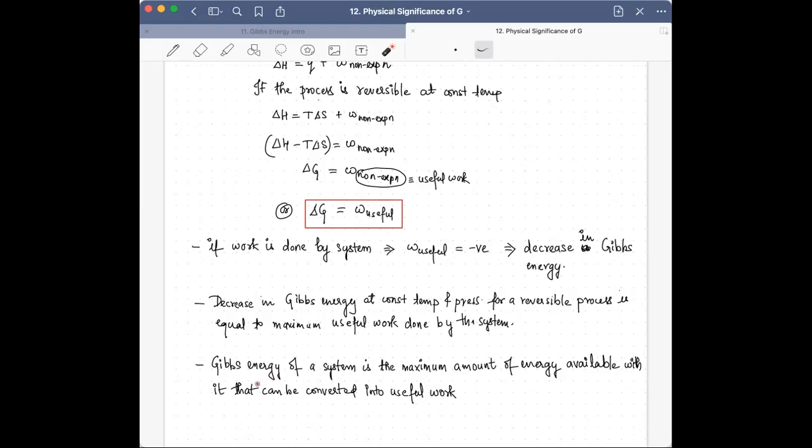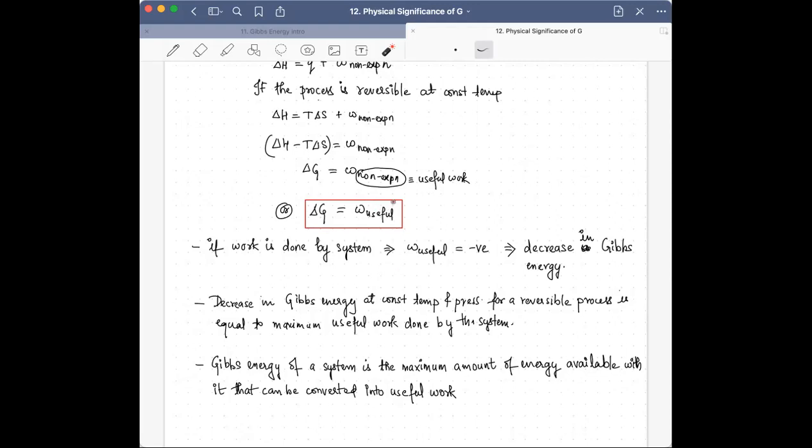Another definition, which is actually used for Gibbs energy, is that Gibbs energy of a system is the maximum amount of energy available with it that can be converted to useful work. Both of these statements are the same thing, said in another way. So this useful work is what is giving the system or a process the urge to spontaneity.